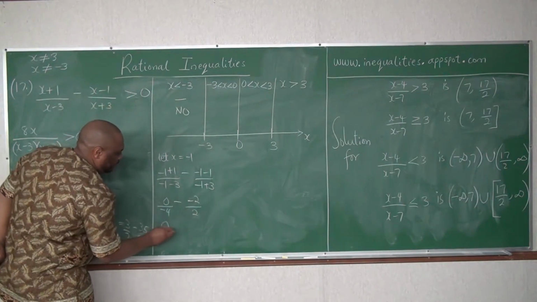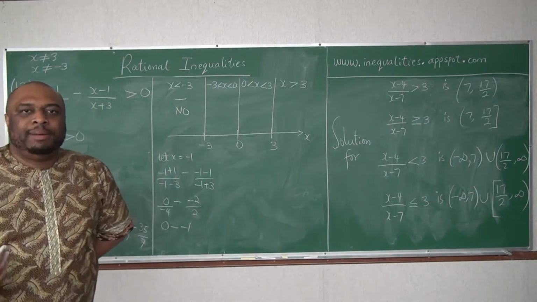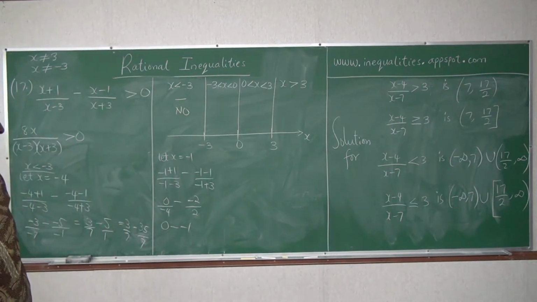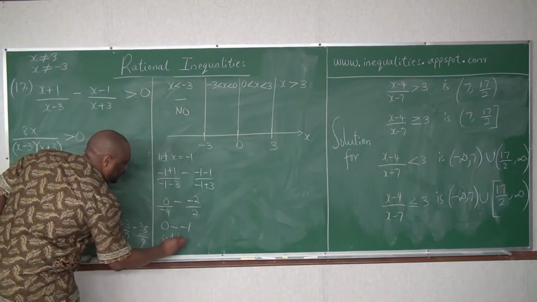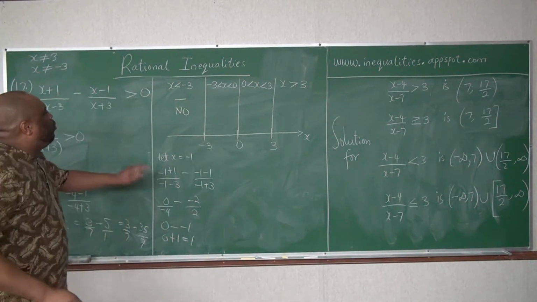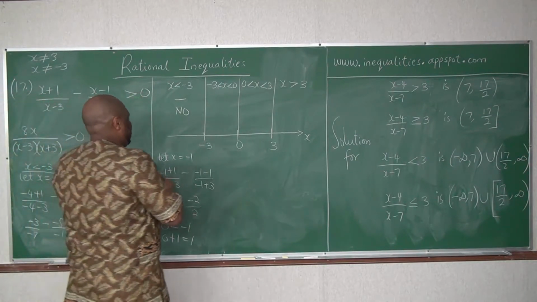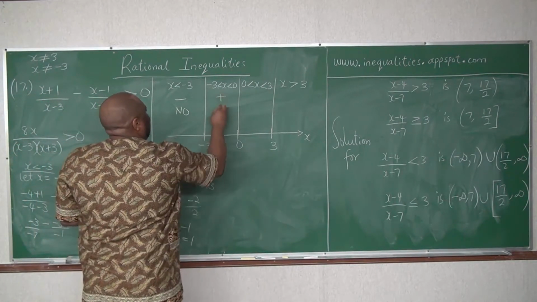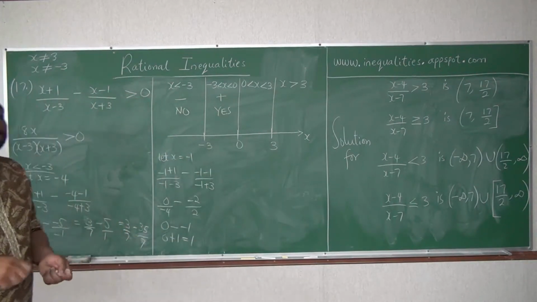So this is 0 minus -1, because -2 divided by 2 is -1. So this is 0 plus 1, and that is 1. 1 is greater than 0. 1 is positive. So this is positive. And I put yes.